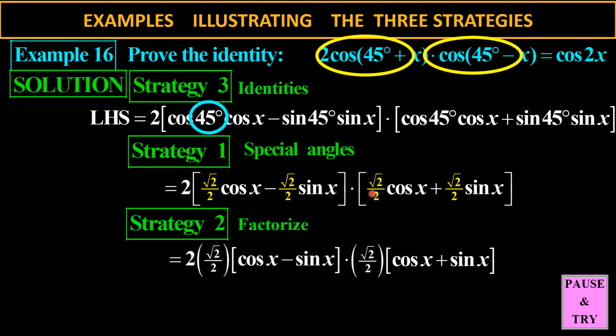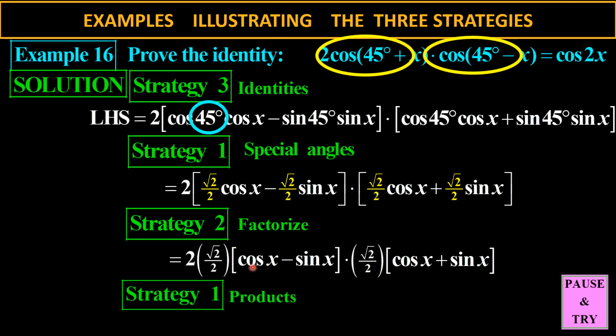Now we need to simplify. And what type of simplification? Yes, I can multiply 2 with root 2 over 2, and I can simplify that. And I've also got cos x minus sin x, and I can remove brackets, so I can apply strategy 1. So 2 with root 2 over 2 times root 2 over 2 gives me just a 1.